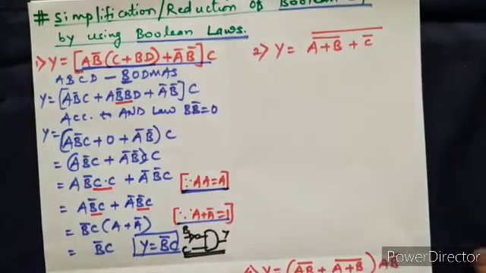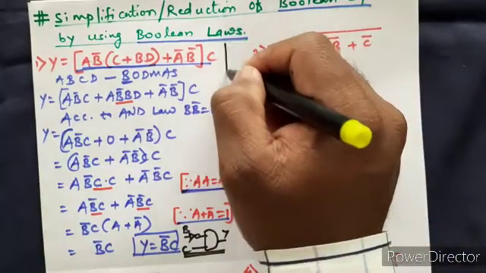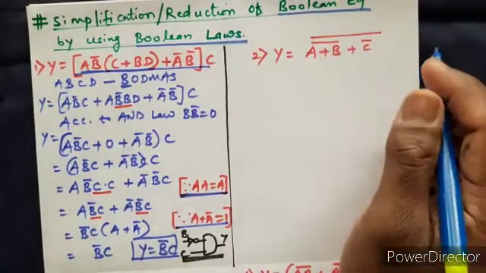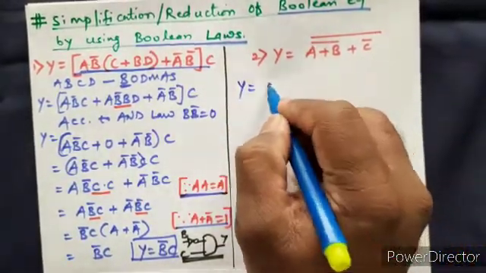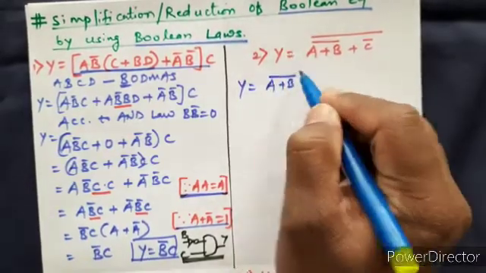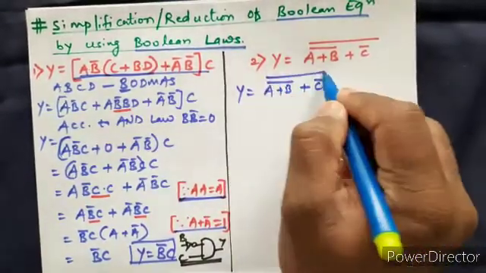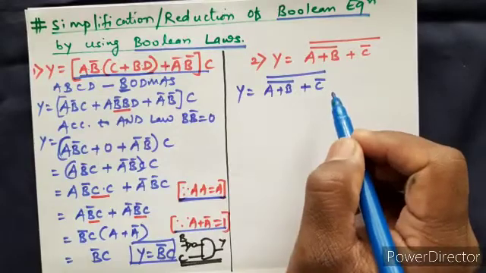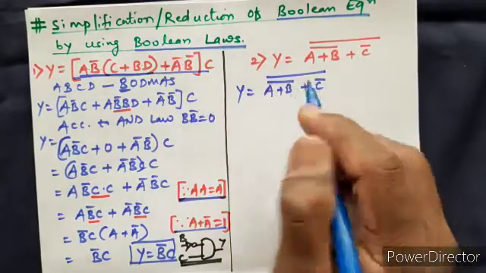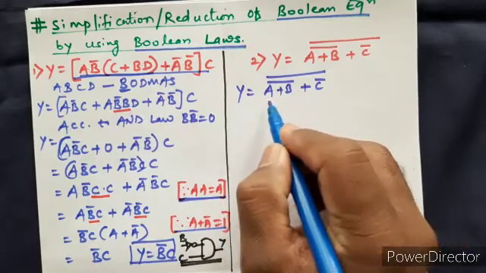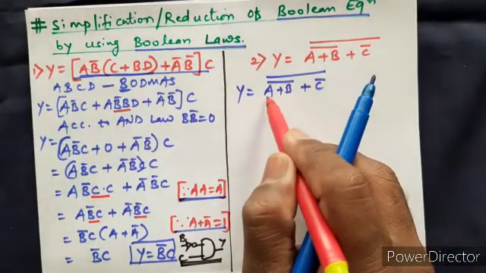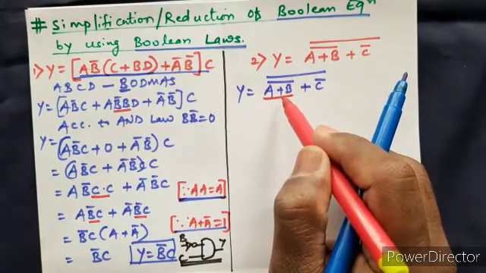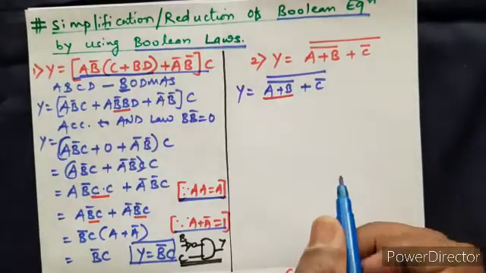All right, let us try to solve the next example. The equation given is y equal to ((a plus b) whole bar plus c bar) whole bar. Now if you refer to this equation, we can use De Morgan's theorem, because (a plus b) whole bar is one De Morgan's theorem, if you recall.